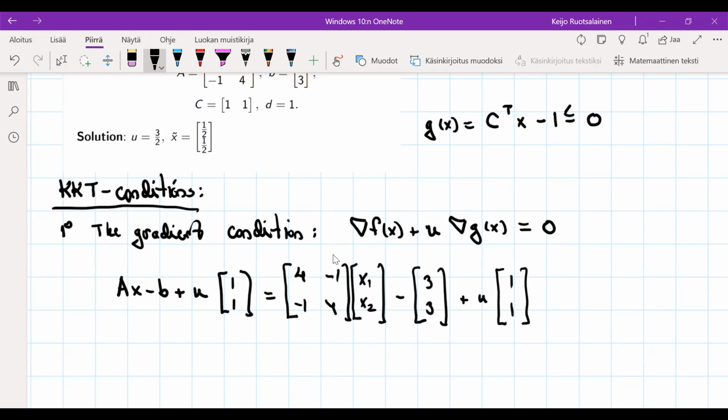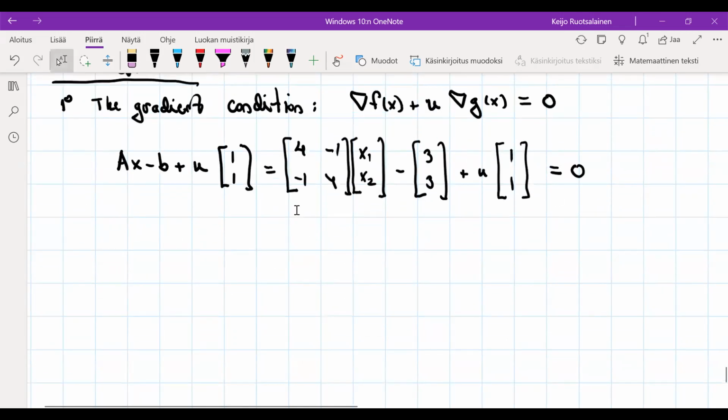And this must be 0. So we have a linear system of equations.